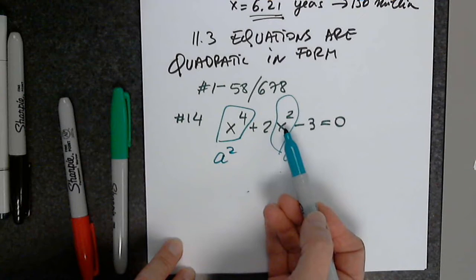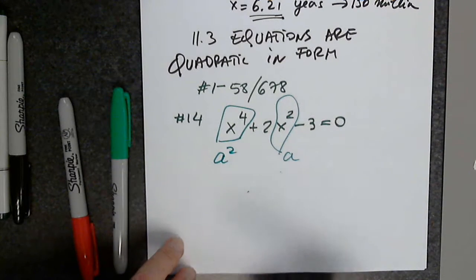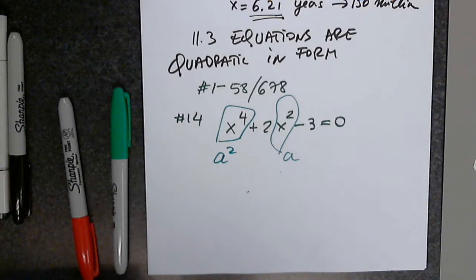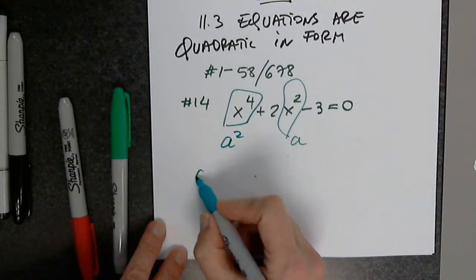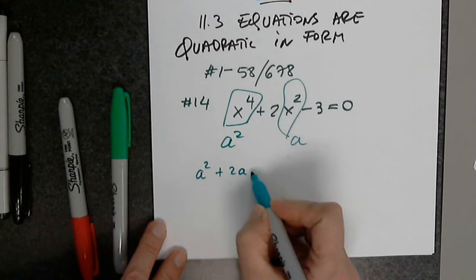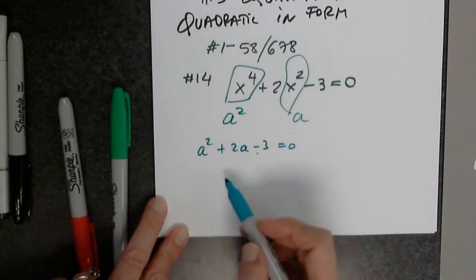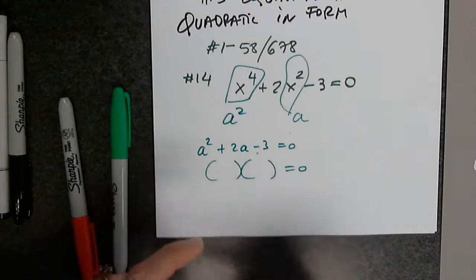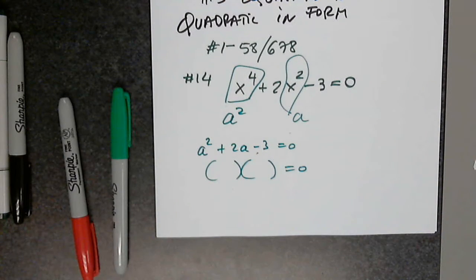Right, because if I square x squared, I get x to the 4th. We're not making this up. Okay, so now the equation is a squared plus 2a minus 3 equals 0. And I know this is a trinomial. It's in descending order, no greatest common factor, no negative leading coefficient, no special product.